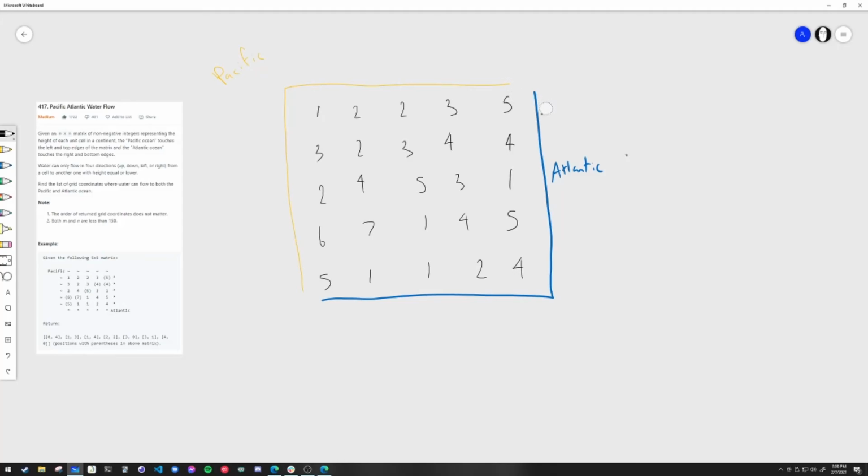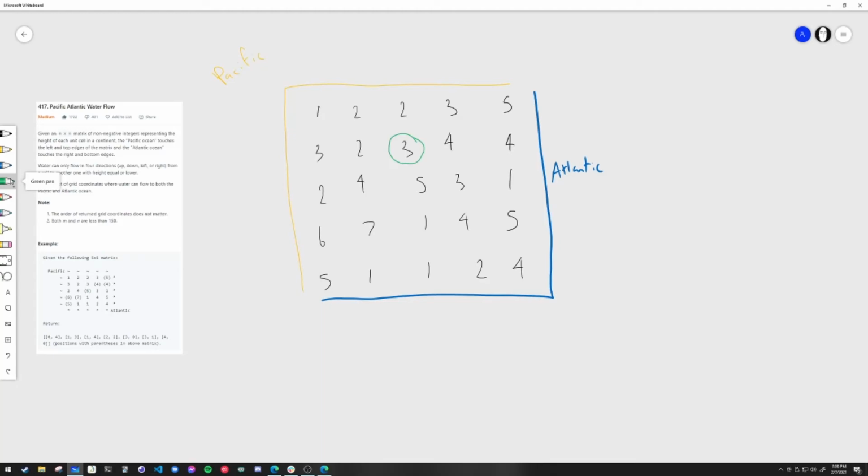So what I did first was a DFS solution, and pretty much what I did was I went through every single node, and basically I went downhill. So let's say I'm already in my loop, and I'm looking at this one right here, this 3.